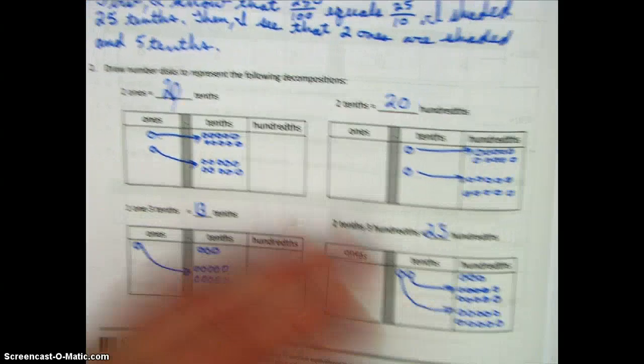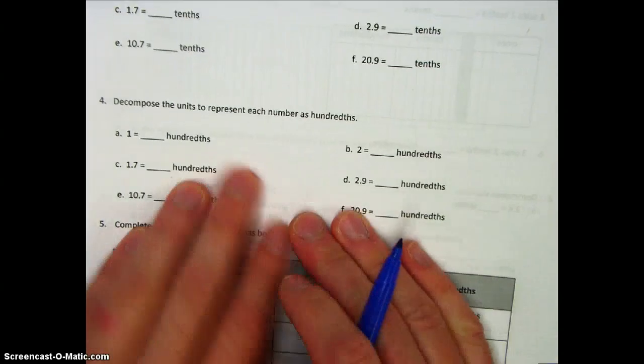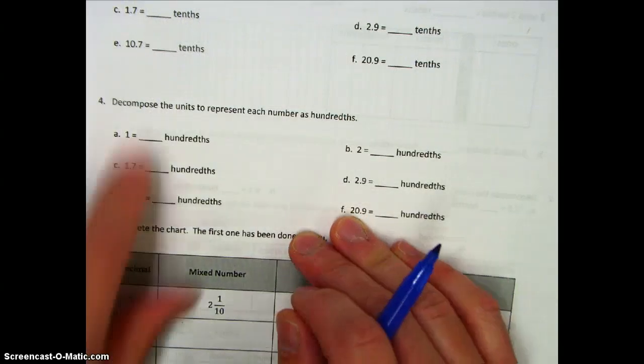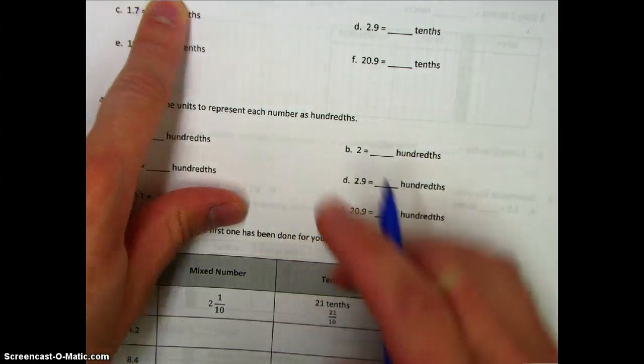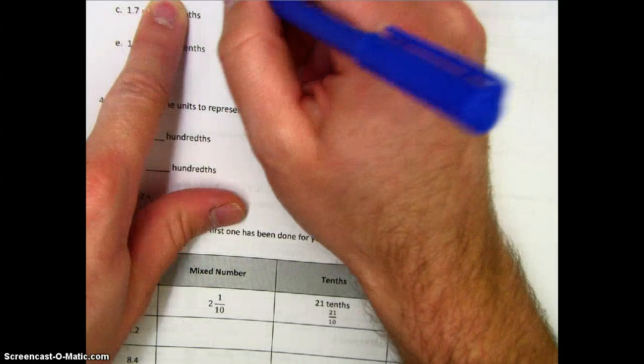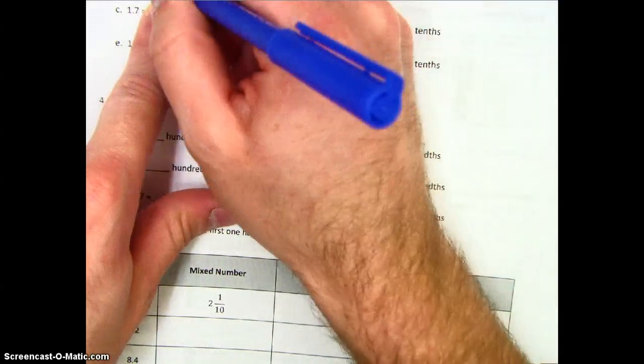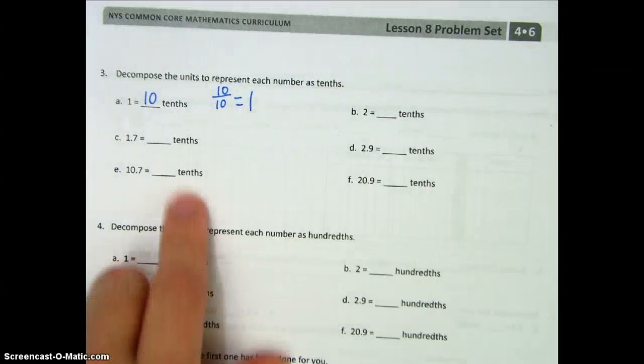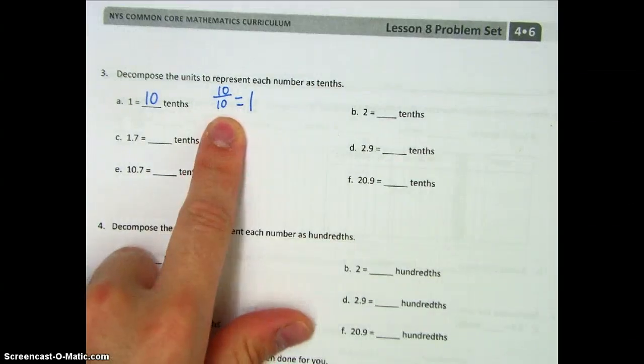Alright, now let's move away from our place value chart, and now let's just decompose the units to represent each number as tenths. So this is 1, so we know that 10 tenths equals 1. So we can see that right here, 10 tenths equals 1.